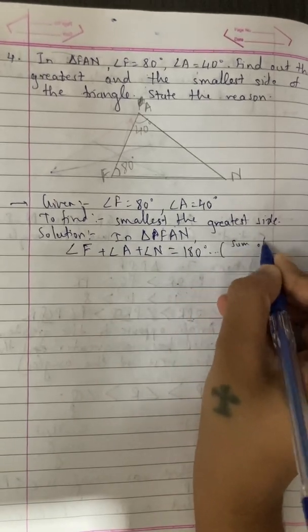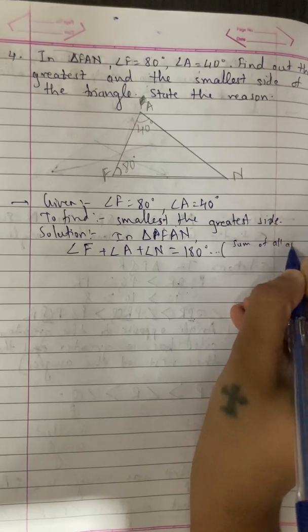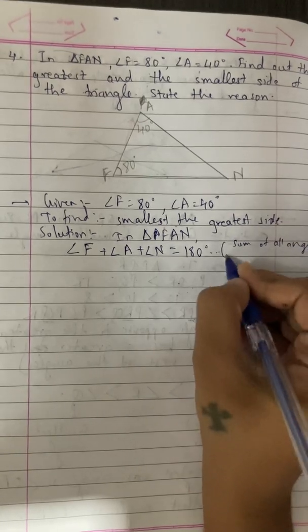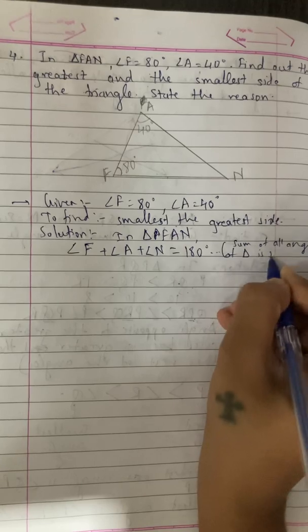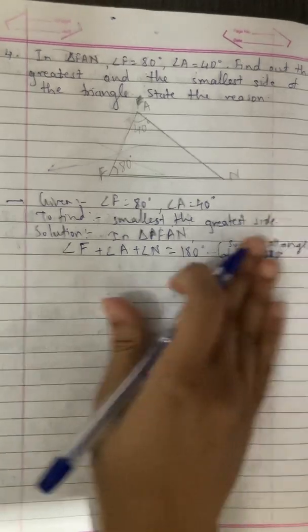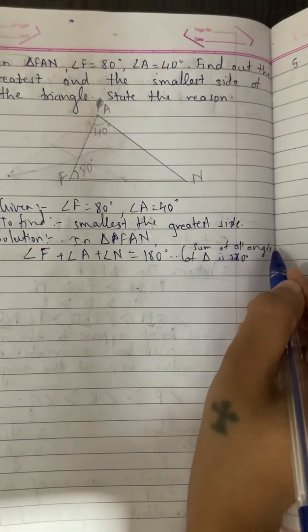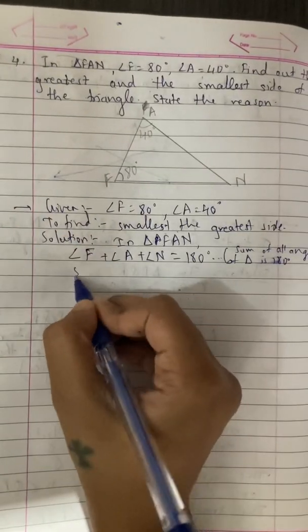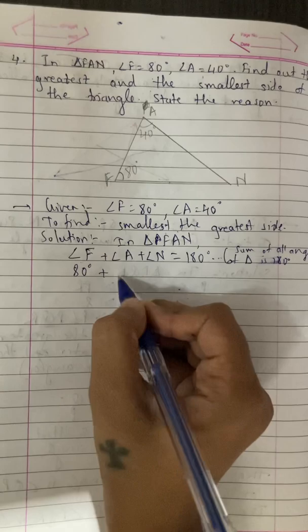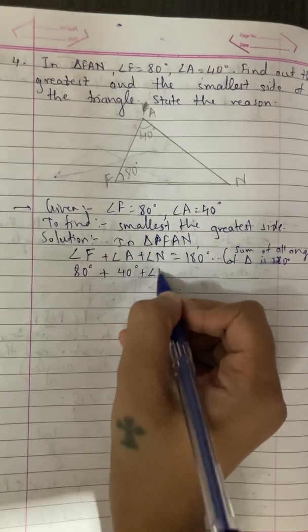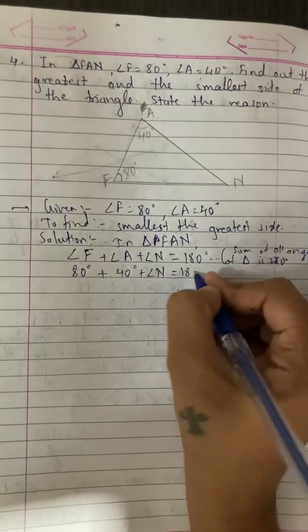Sum of all angles of triangle is 180 degree. Okay, that you can write down. That is the reason. So in place of F we can write down 80 degree, in place of A 40 degree, and N we do not know. So we have to find out that.